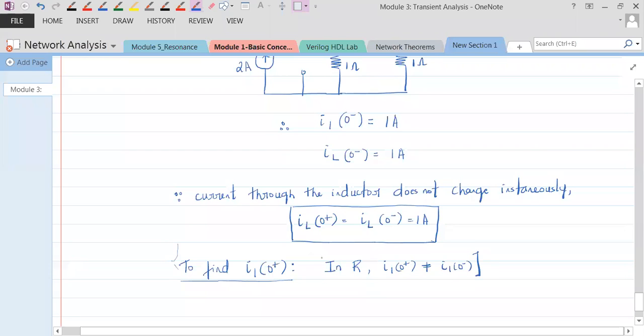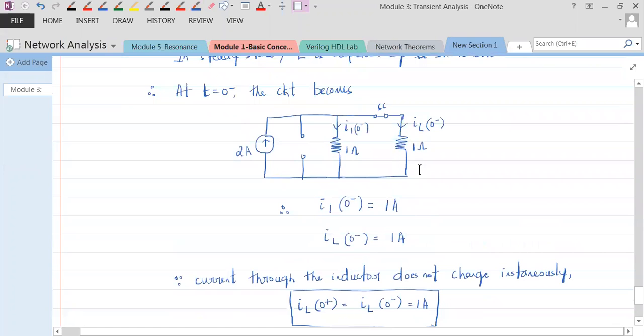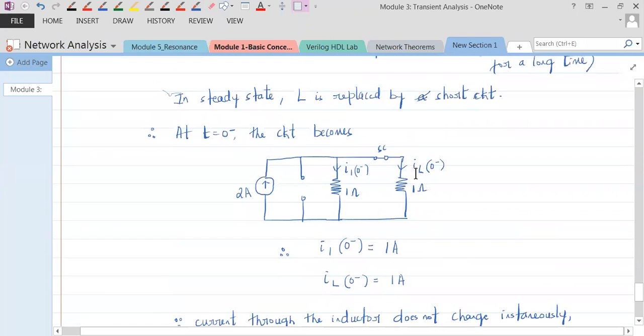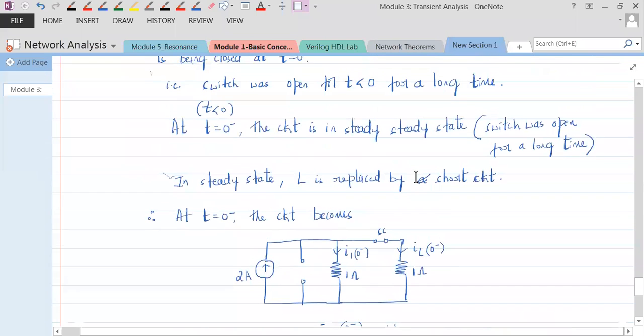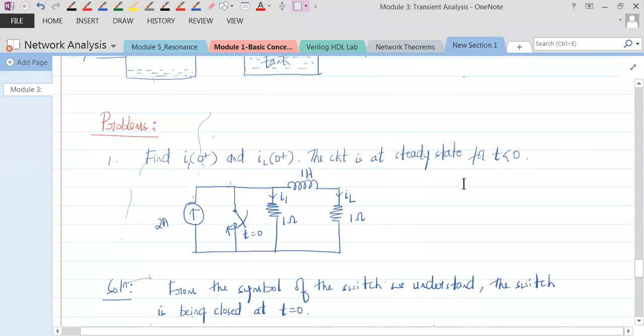So this is the reason we are going for finding out I1 at 0 plus, how it looks. And mind you, at 0 plus the circuit is not in steady state condition. When it is not in steady state condition, you write this as it is.